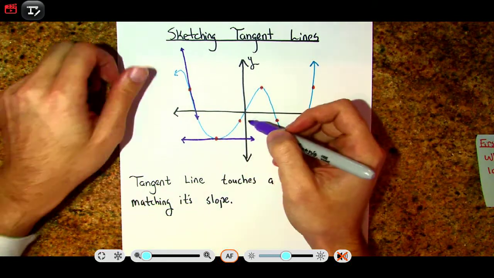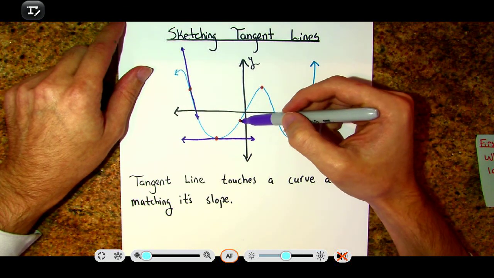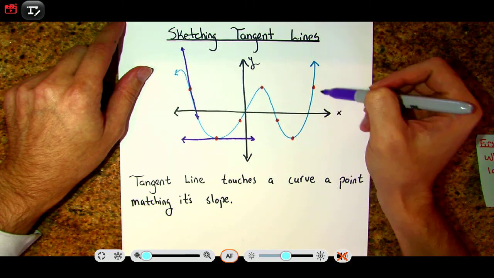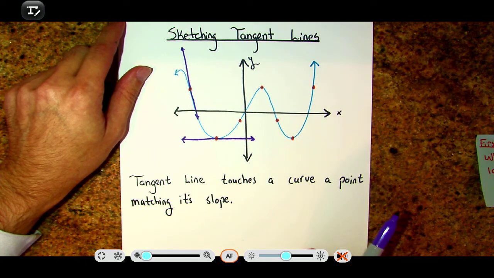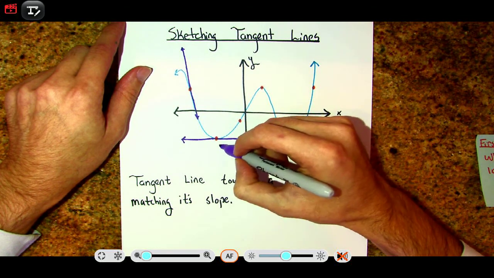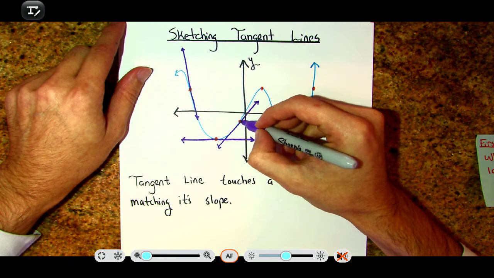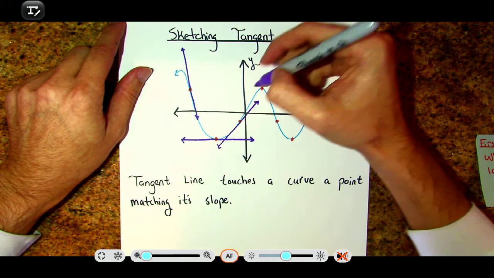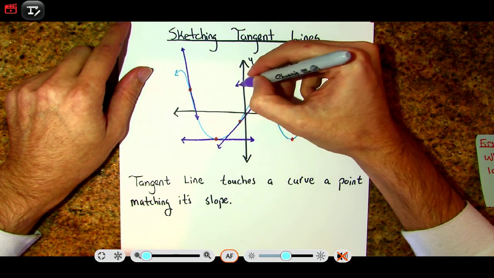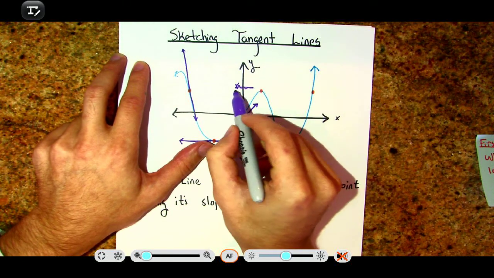What I'd like you to do is try on your own to draw tangent lines for this point, this point, this point, this point, and this point. Let's try to draw one. It should look something like this. It just hits that point. Mine was pretty bad. Let's try another one like this. Oh god, I completely messed that one up. Maybe something like this.